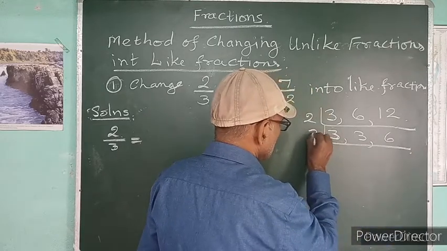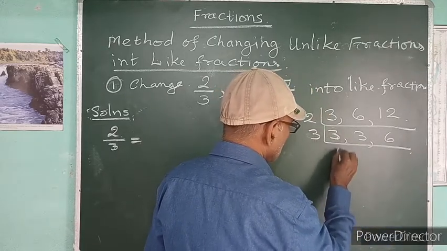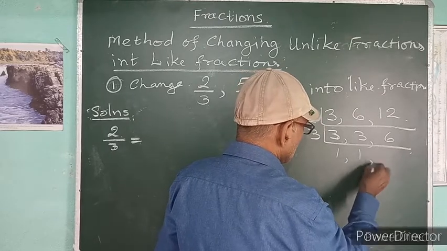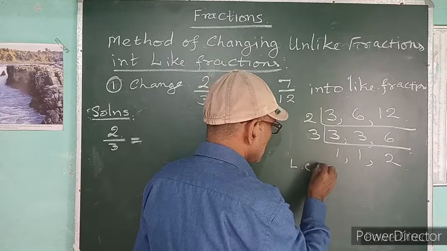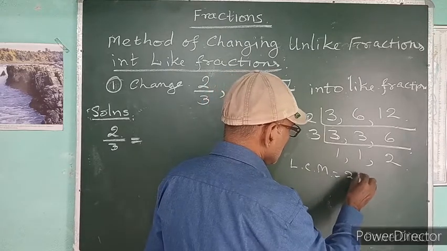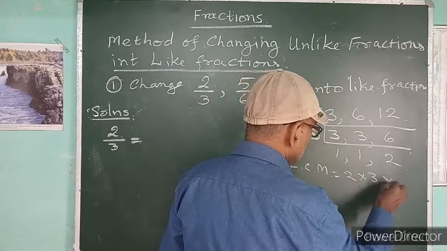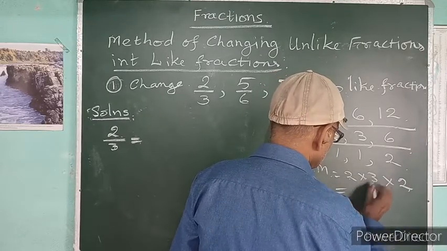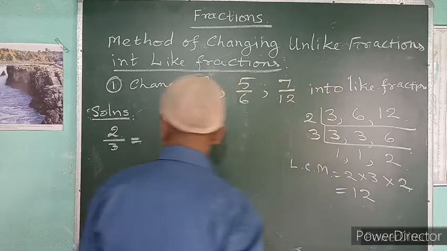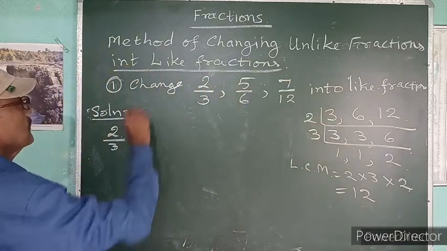Now, divide this by 3. 3 1s are 3. 3 1s are 3. 3 2s are 6. LCM is 2 into 3 into 1 into 1 into 2, which is equal to 12. So 12 is the LCM.